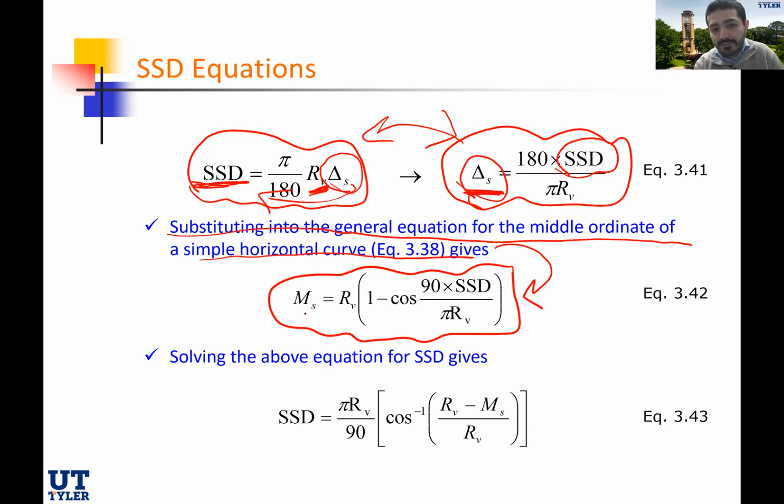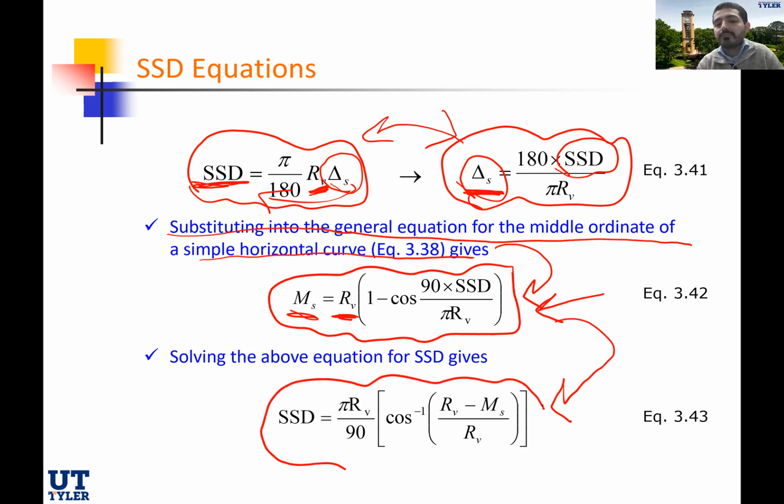So Ms is equal to Rv times 1 minus cosine of 90 times SSD over pi Rv. If you solve this equation for the SSD, that is an analysis. So this here is a design.